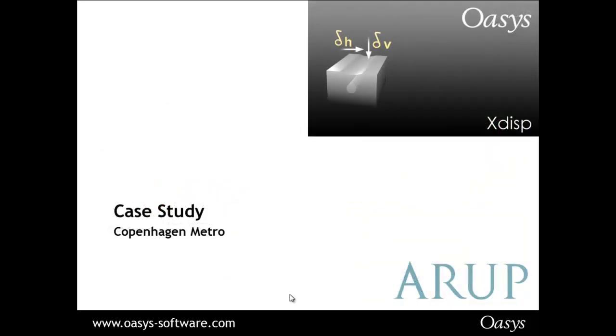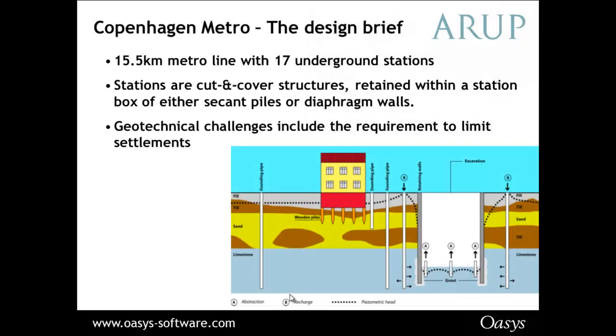So quickly, I'm going to just show you a case study to show you how the program's been used. One case study is the Copenhagen Metro, which is a 15.5 kilometer metro line with a number of underground stations. This project was a specific challenge because in Copenhagen you've got a number of historical buildings on wooden piles, and you've also got groundwater issues.